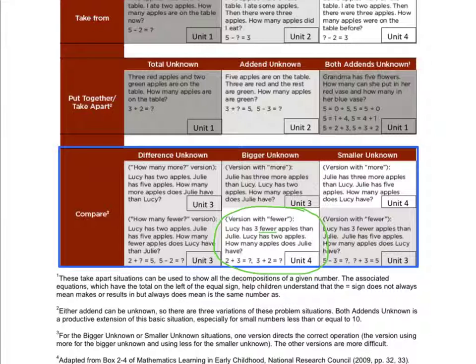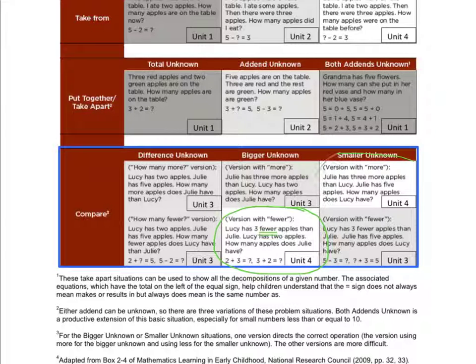However, because we know how many Lucy has, and we know that Lucy's is 3 fewer than Julie's, we actually would need to add to find out how many Julie has. So the word in the story triggers the opposite operation that we actually should probably use to solve this problem.